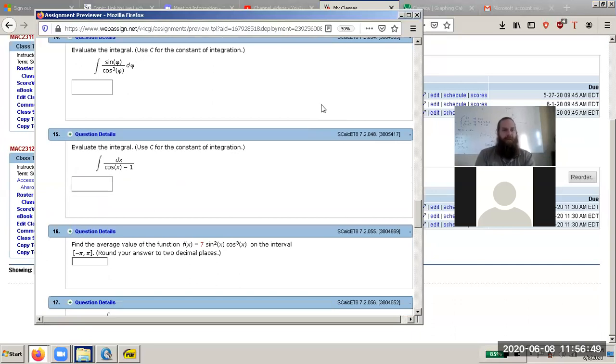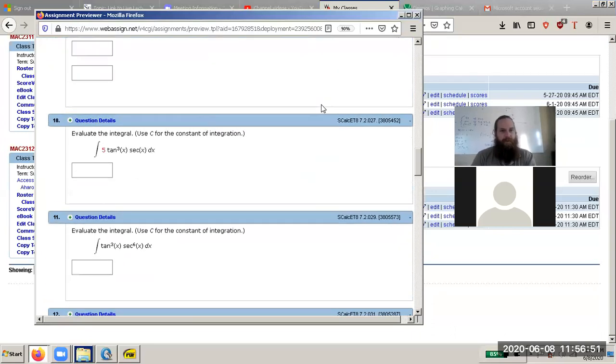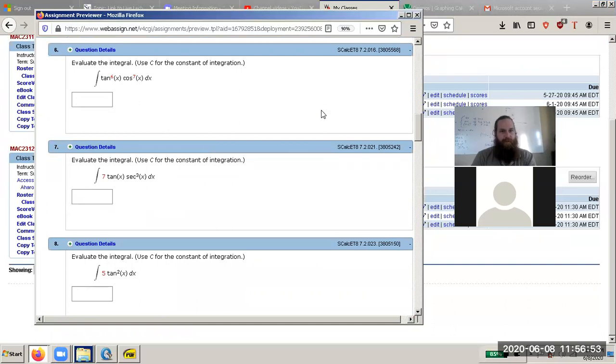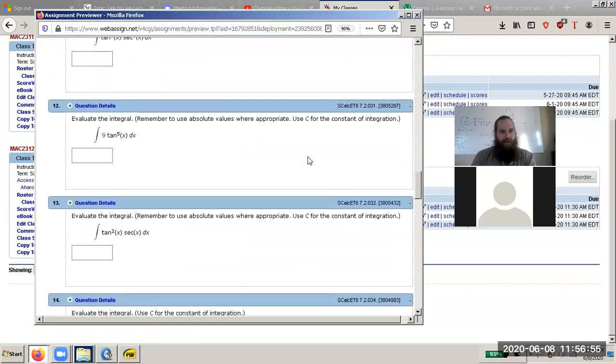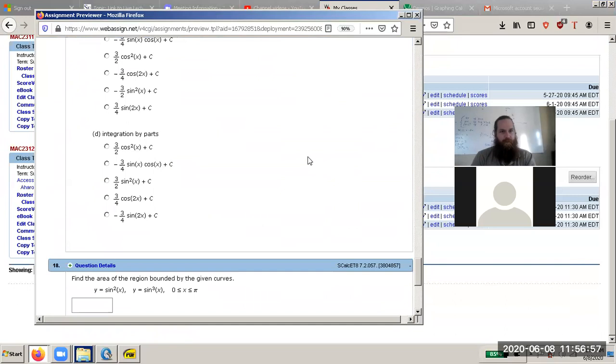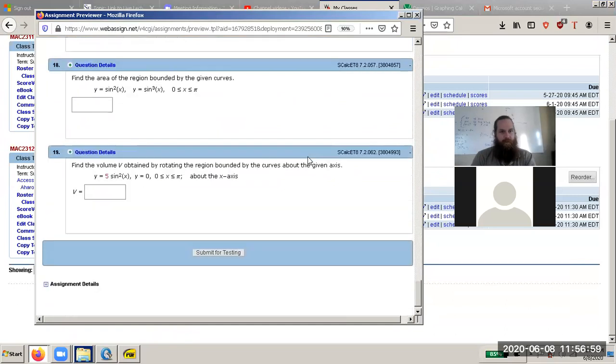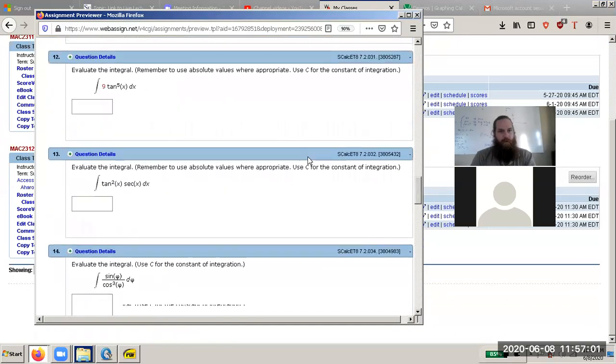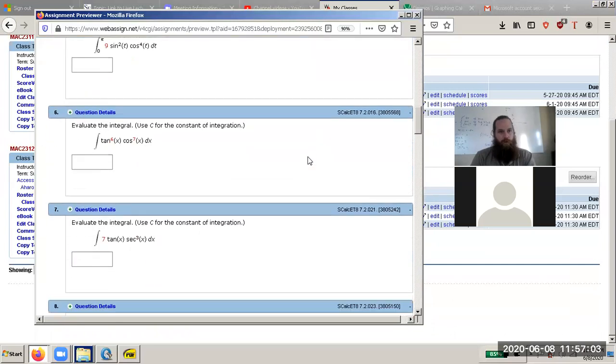You guys can do this. 15, 6, 19. Okay, we'll go in order. Let's do 6 first. So that's the 6th power of tangent times the 7th power of cosine, or something like that. I'll write it down here and then switch back to the dot cam.